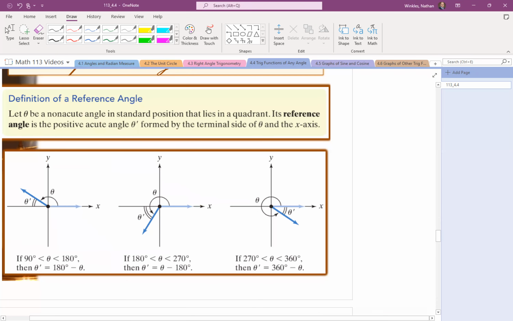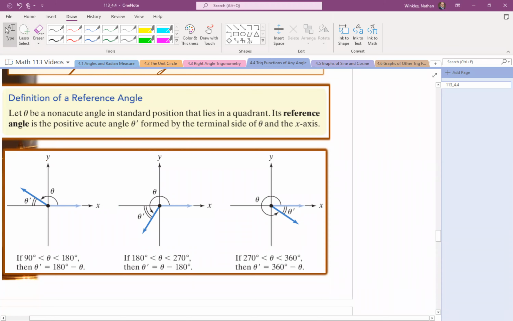I talked about this earlier a little bit on how I was using reference angles. If we let theta be a non-acute angle in standard position that lies in a quadrant, its reference angle is the positive acute angle theta prime formed by the terminal side of theta and the x-axis.